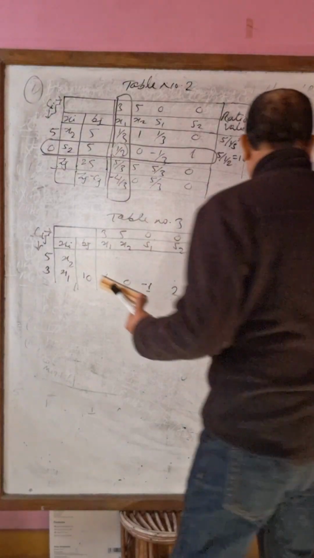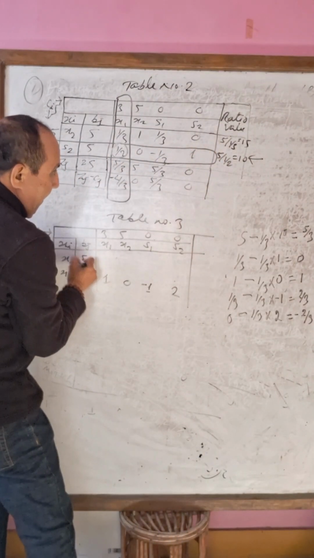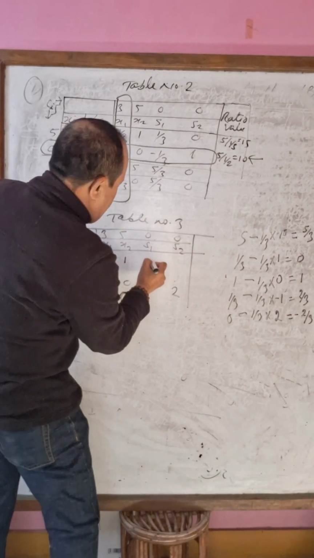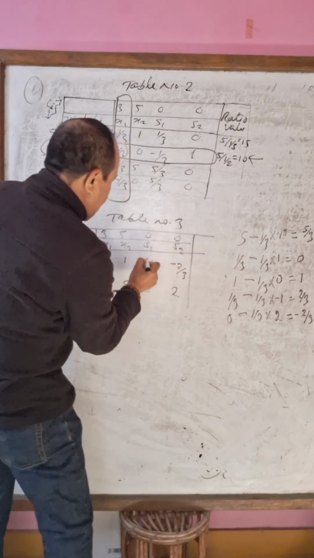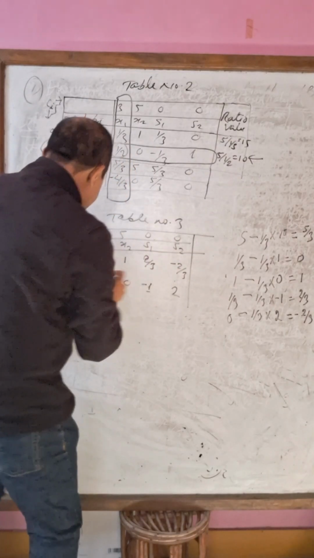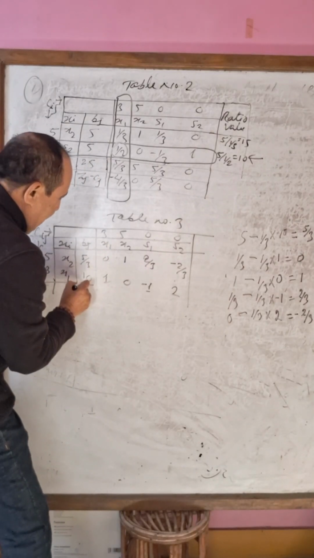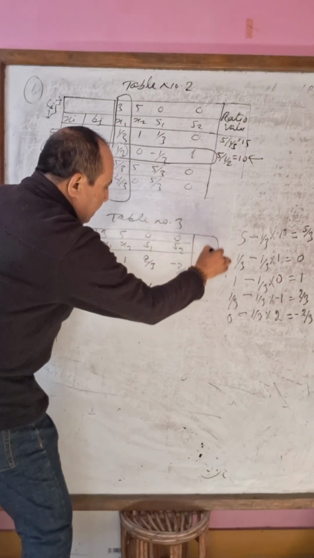Now you copy the values: 5 by 3, 0, 1, 2 by 3, and minus 2 by 3. Now in the same manner you proceed ahead. The steps are the same, not different.